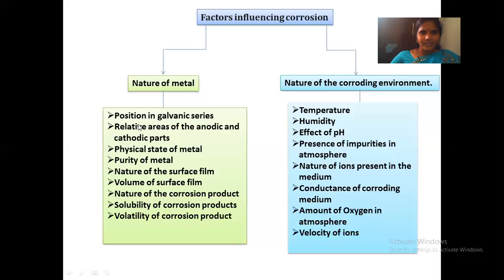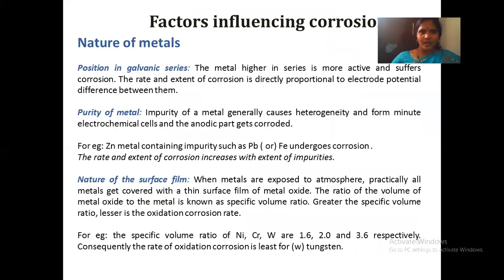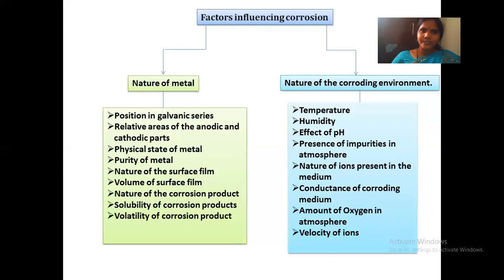The next factor is the relative area of anode to cathode. Here there are two concepts: a small anode with a larger cathode, or a small cathode with a larger anode. A small anode with a larger cathode promotes the corrosion of a particular metal more.